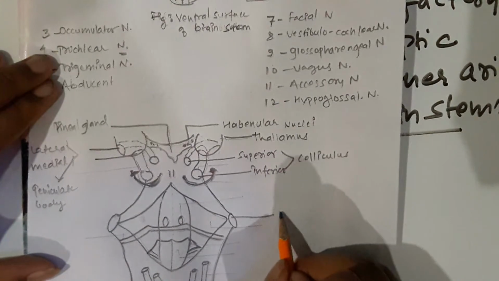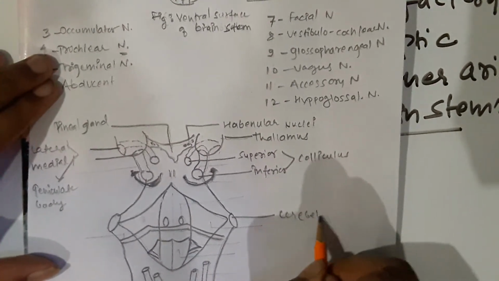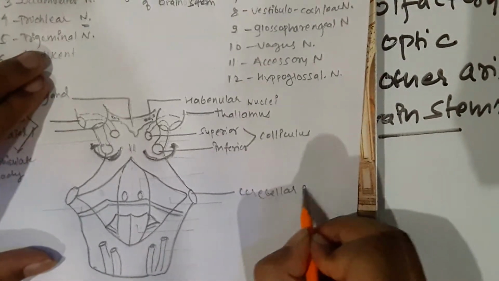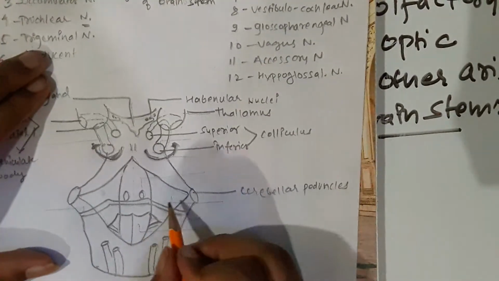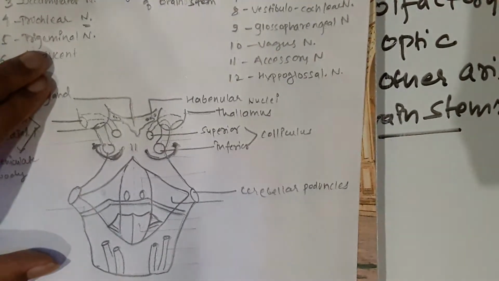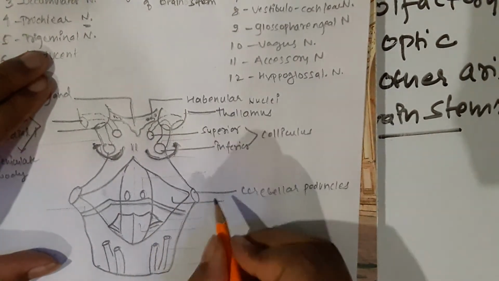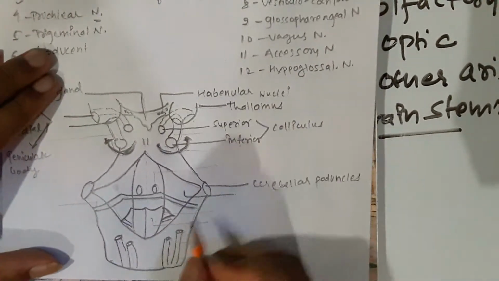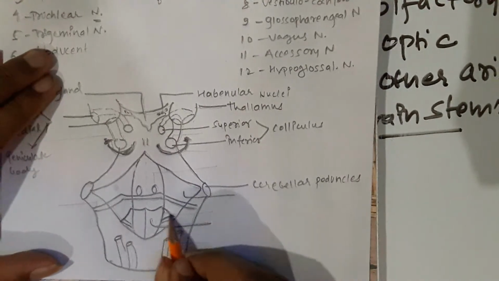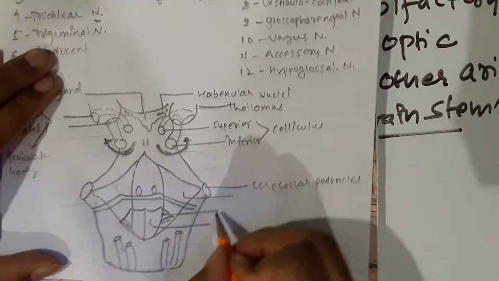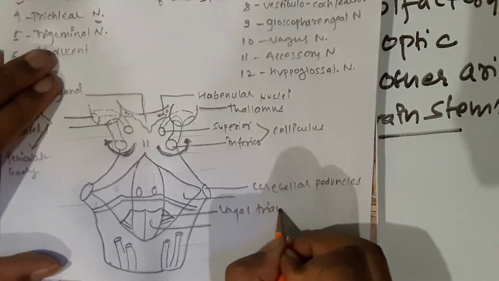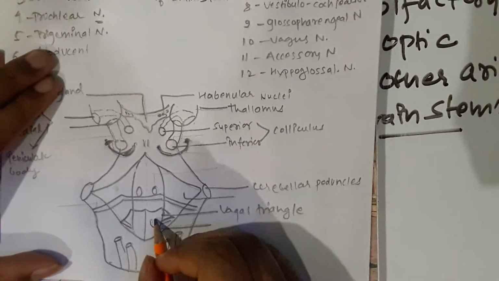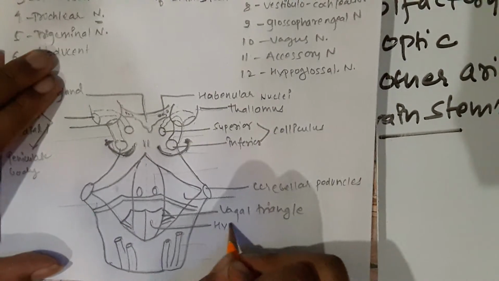These are the cerebellar peduncles. This is the vagal triangle, hypoglossal triangle.